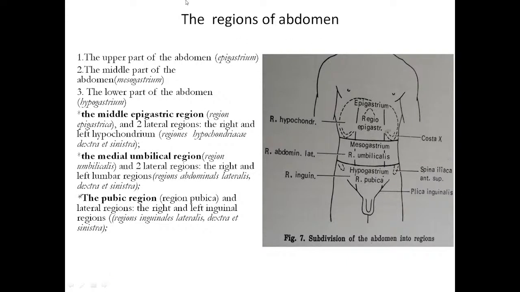Next, the regions of the abdomen. The abdomen is divided by two horizontal lines. One is drawn between the ends of the tenth ribs and the other between the anterior superior iliac spines.